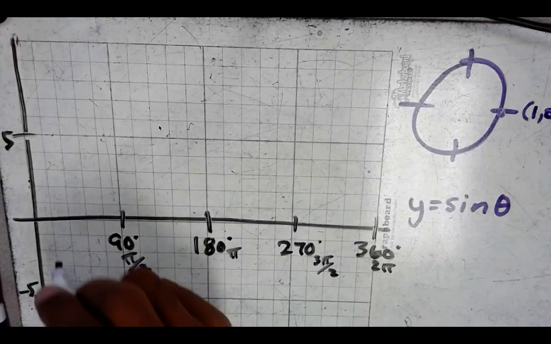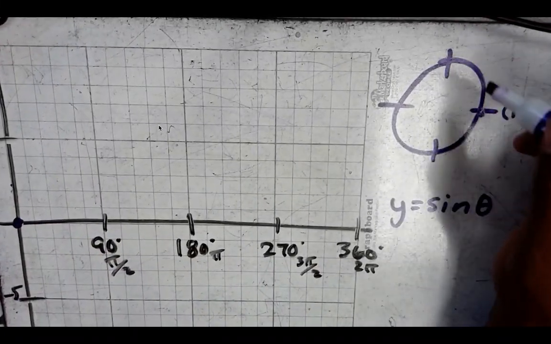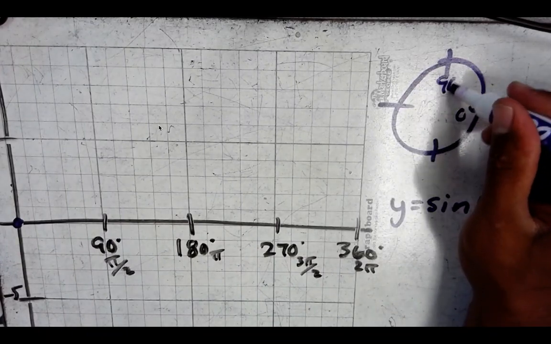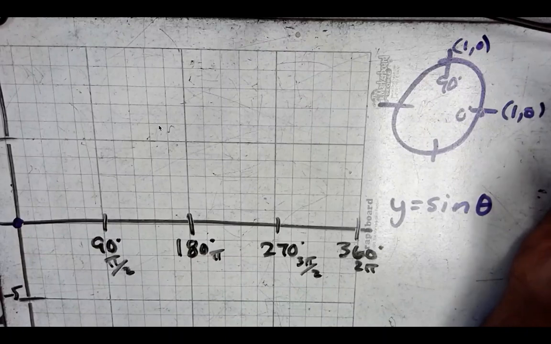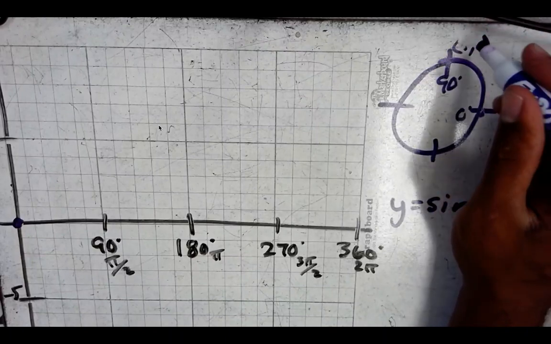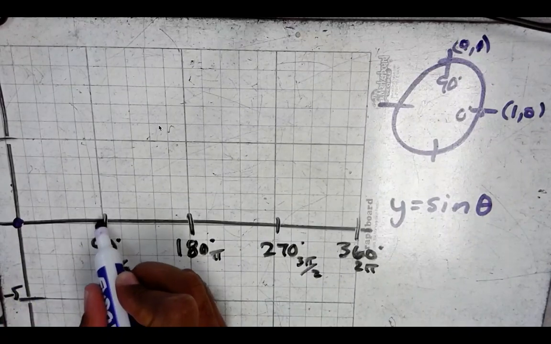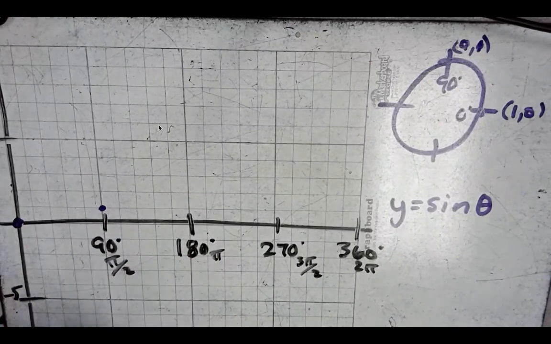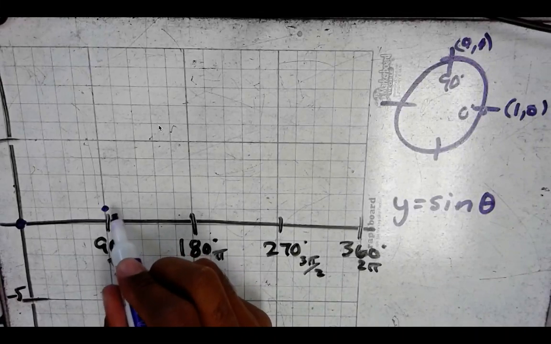Okay, so that means over here, I actually start at 0. And then when we go up to 90 degrees, the y value becomes 1. So when I get to 90 degrees, my value for the graph is 1.